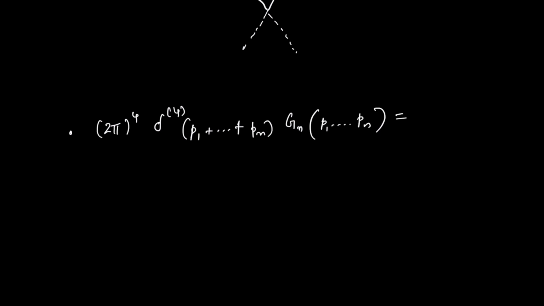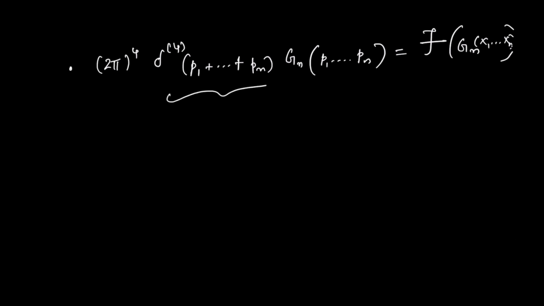Okay, so this is the Fourier transform of the n-point function in the coordinate space. And here you can see that P1 up to Pn are arbitrary, so there is no need to satisfy the on-shell condition. They are arbitrary. Now we are ready to calculate the n-point function.